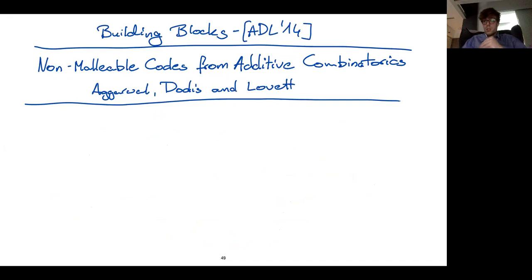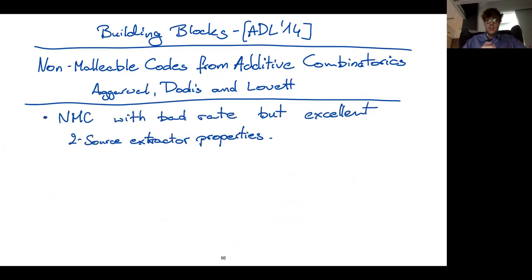All right, let's look into the construction. The main building block is ADL, that's non-malleable codes from additive combinatorics. And what ADL is, it's a non-malleable code with a very bad rate, but excellent two-source properties.